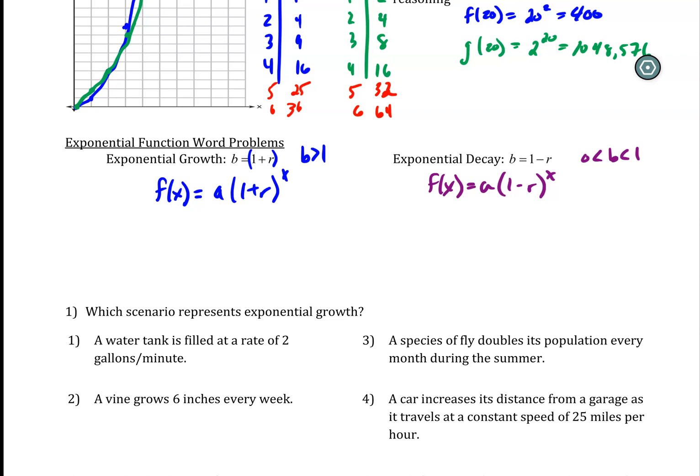And we want to make sure we understand each of the things. We talked in the previous videos that a was your initial value. So in this context, that's the amount before the growth or decay, where it's starting. The r in this one is your growth rate or your decay rate.